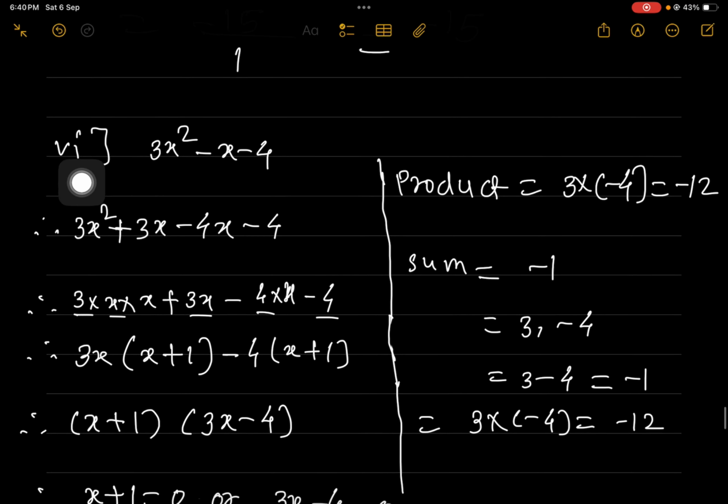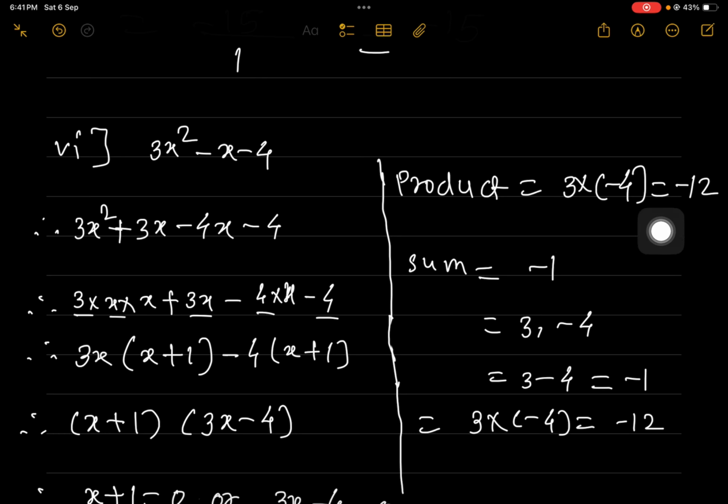Now the sixth example, 3x square minus x minus 4. Here the middle term minus x is there, meaning the coefficient is minus 1. So the sum should be minus 1, and the product of the constant term minus 4 and the coefficient of x square, 3, is 3 into minus 4 equal to minus 12.